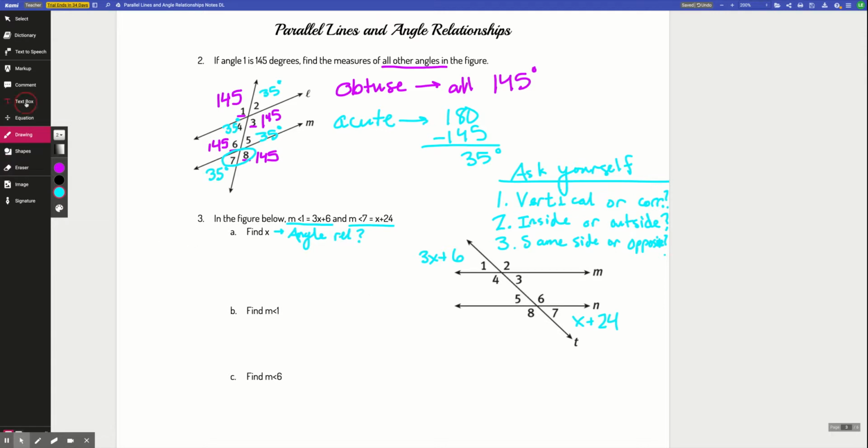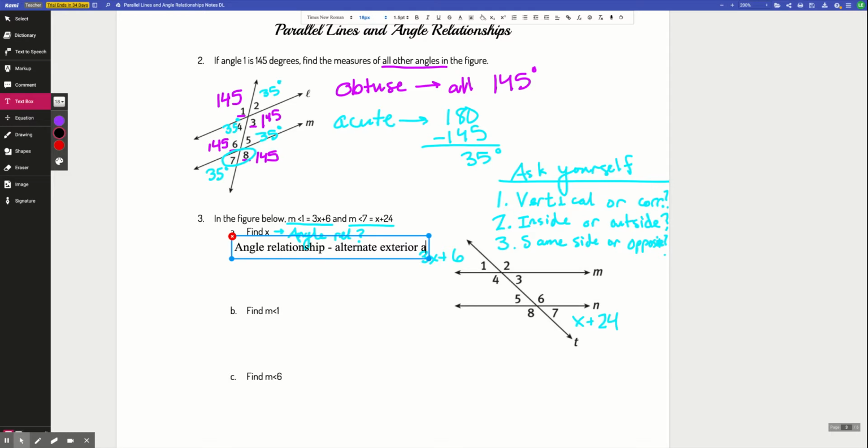Okay, so since these are on opposite sides and they're both outside the parallel lines, the angle relationship is these are alternate, that's your opposite sides, alternate, and they are both outside, so that's exterior, okay?